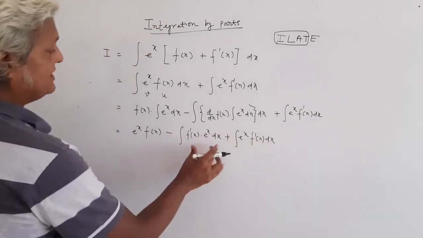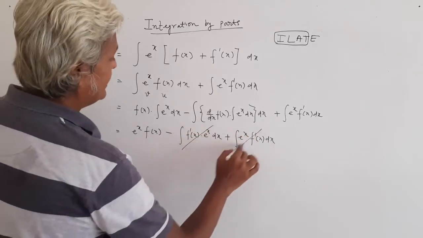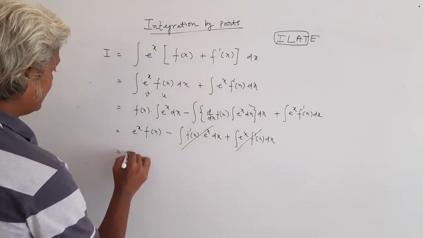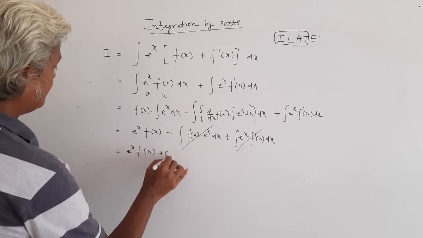Now these two terms are identical, one positive and one negative, so they cancel each other and your answer is always e to the power x f(x) plus c.